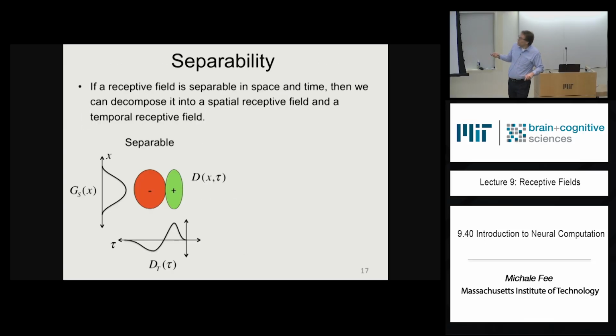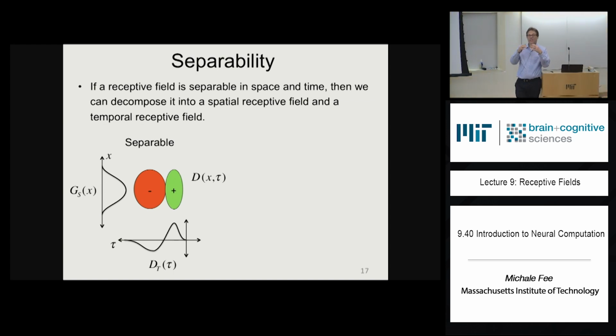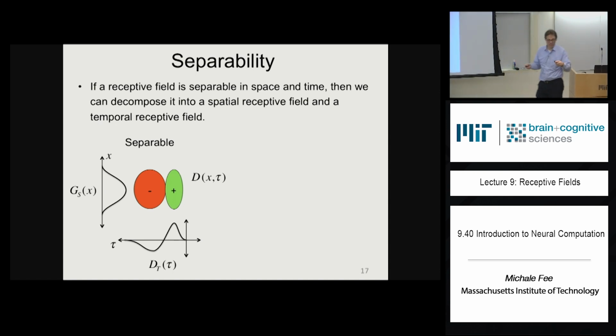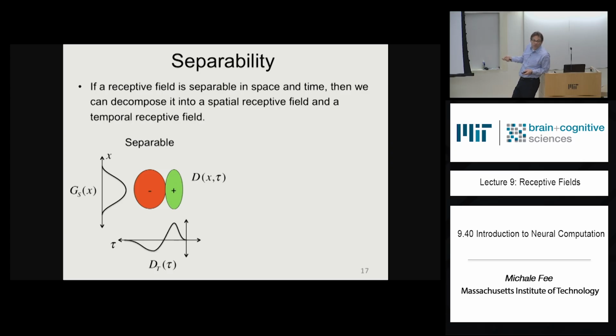Okay, so what does separability mean? If a receptive field is separable, it means that you can write down a spatial receptive field and a temporal receptive field separately. Okay, and that looks like this. So imagine that you have a spatio-temporal receptive field D, that's a function of position and time, okay? But you can see that you can just write it as a product of the spatial part and the temporal part.